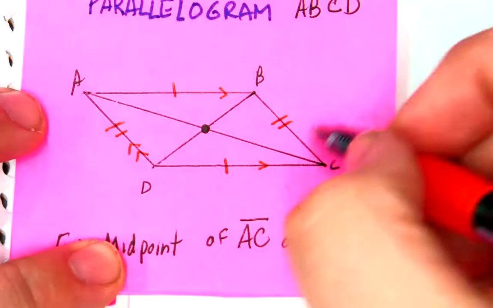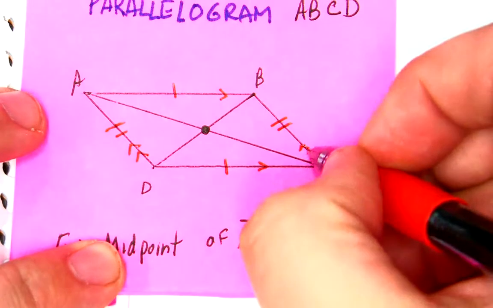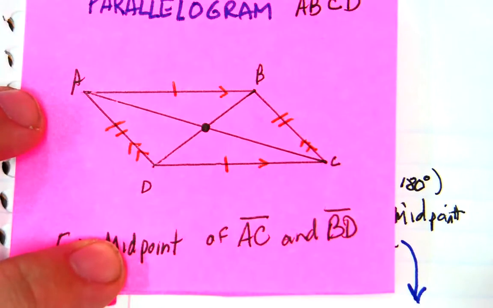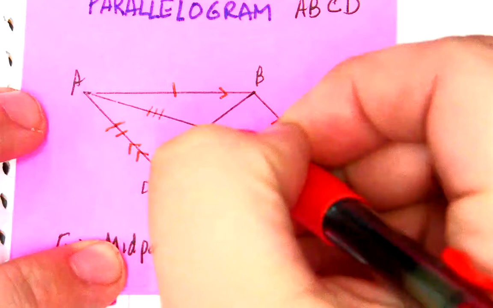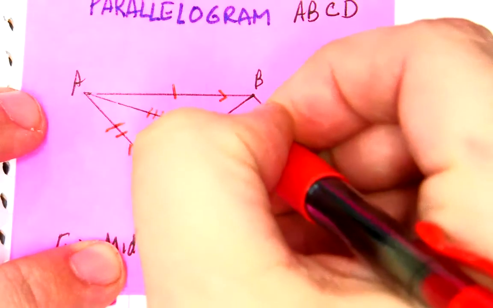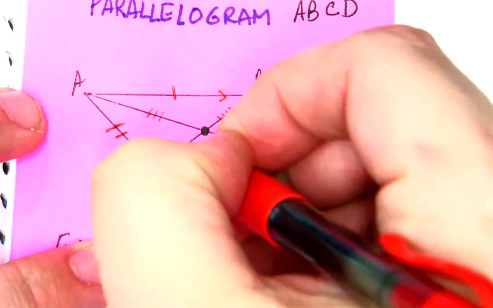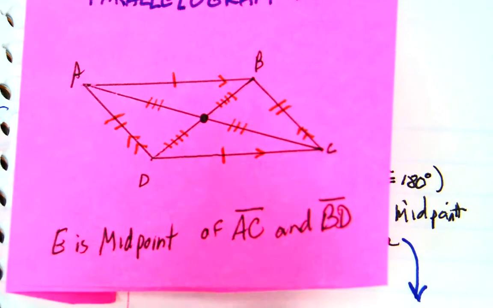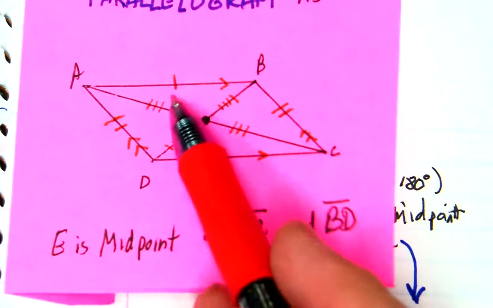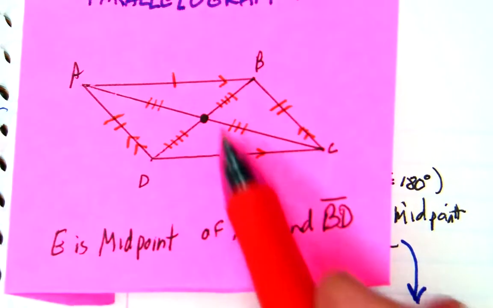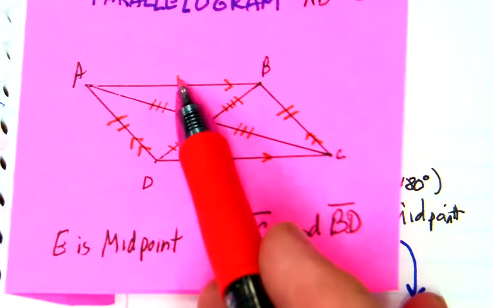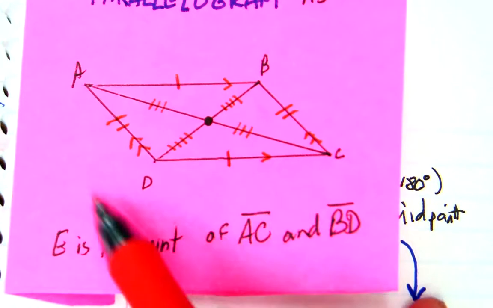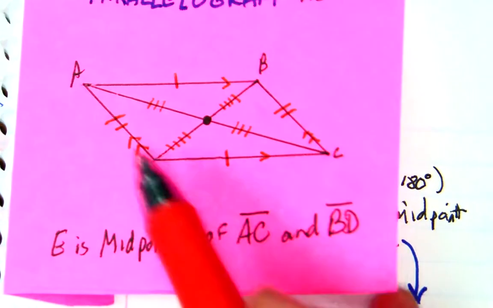AD, which we'll put 2 arrows, is parallel to this one. And I'll just do this. 3 there, 3 there, 4 there, and 4 there. And I can't really do too much about the angles. Now, there's a lot going on here. But if you just look at, all right, AB has 1 congruency mark. I have to look for a segment that has 1. The only one that has that is CD. Okay. This one has 4.